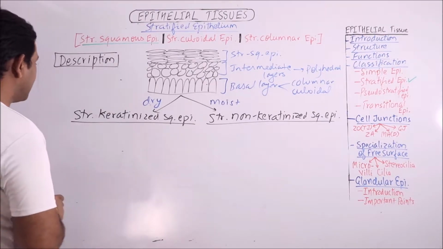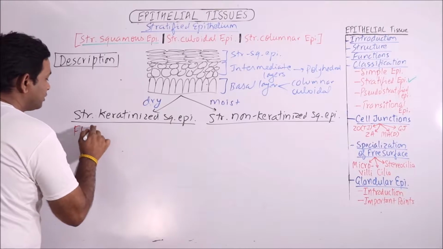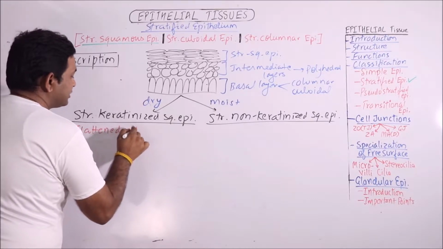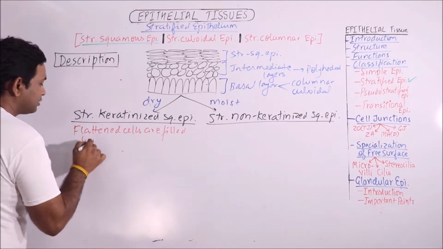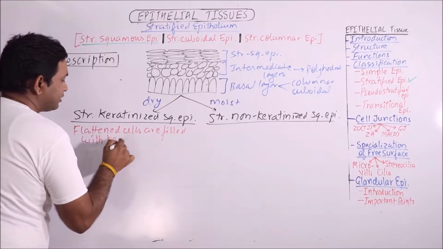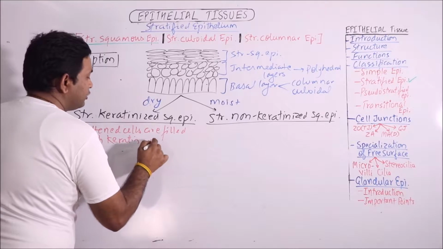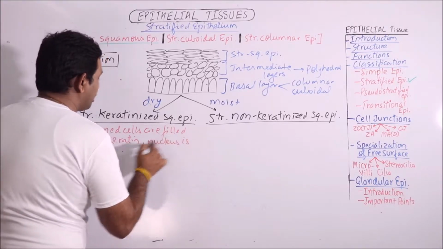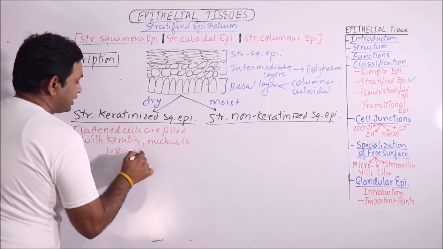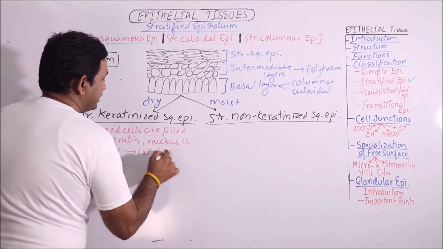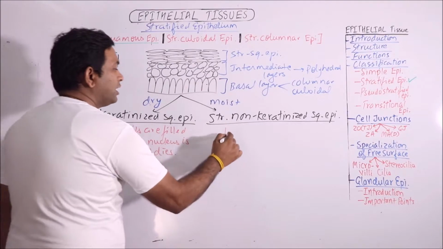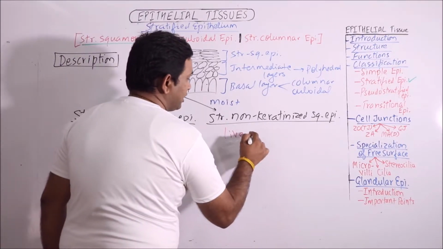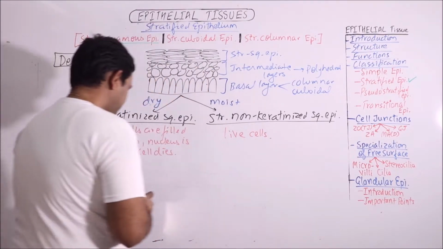When keratinization occurs, the flattened cells are filled with keratin and the nucleus is lost. Finally, the cell dies. So these cells are basically dead cells, while these retain nucleus and are live cells.